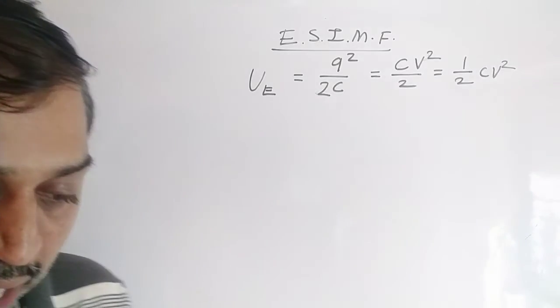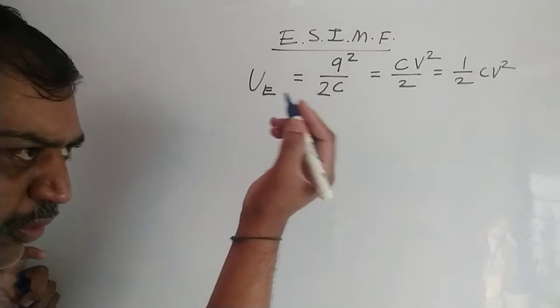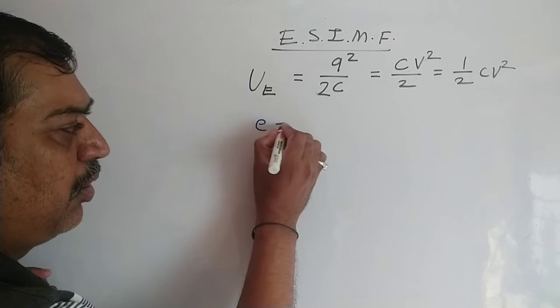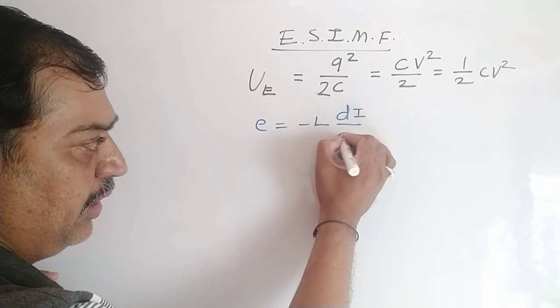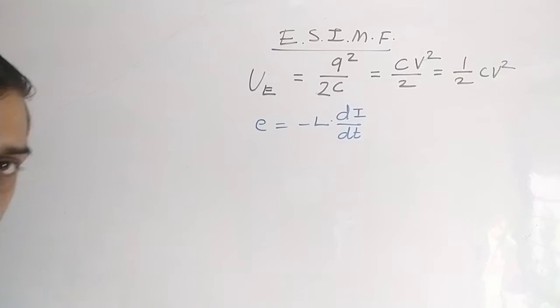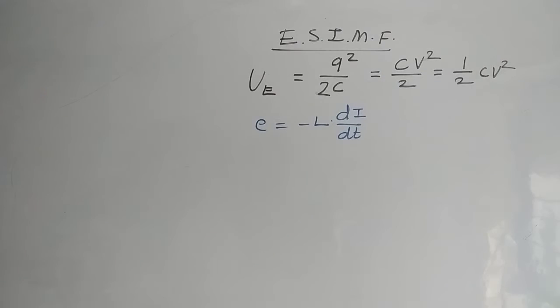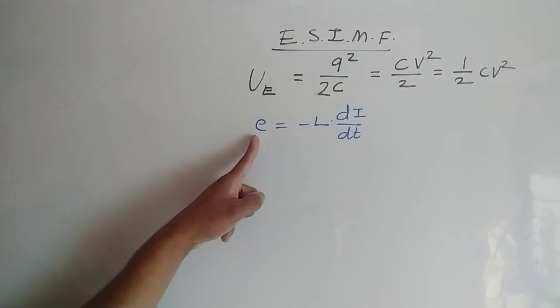How does it get stored? As we know, according to Faraday's law, E equal to minus L into di by dt. We derived this equation just before, in terms of an inductor. Now consider the work done in moving a charge dq against this EMF produced in a coil.